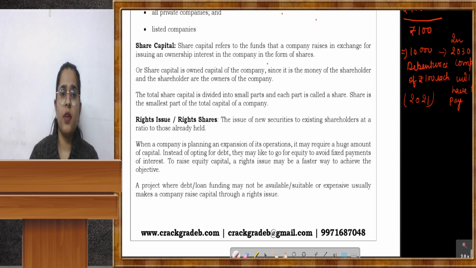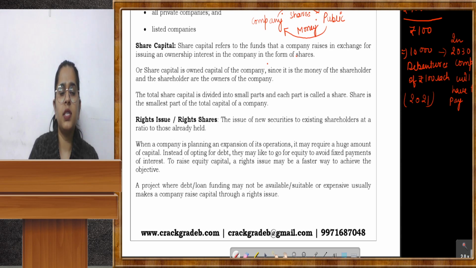See, if you take an example, here this is the company and this is the public, right? The company gives shares and the public gives money.